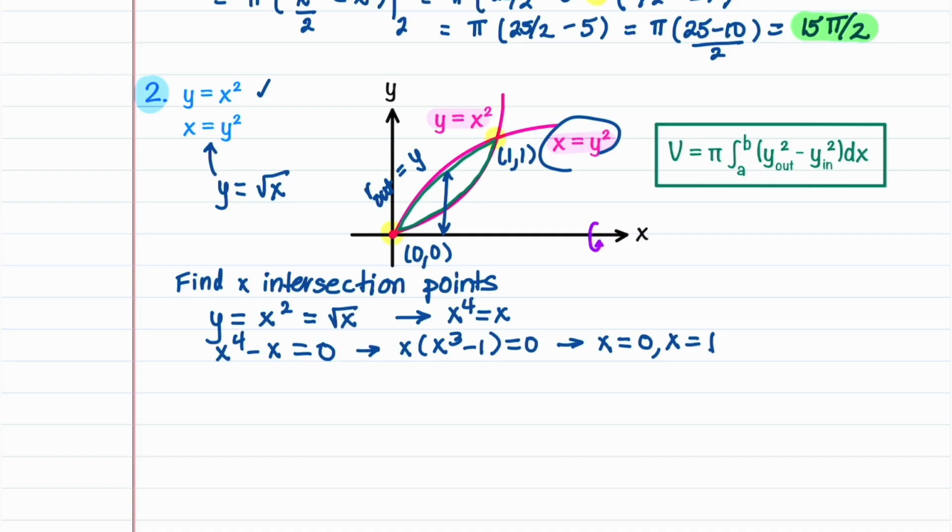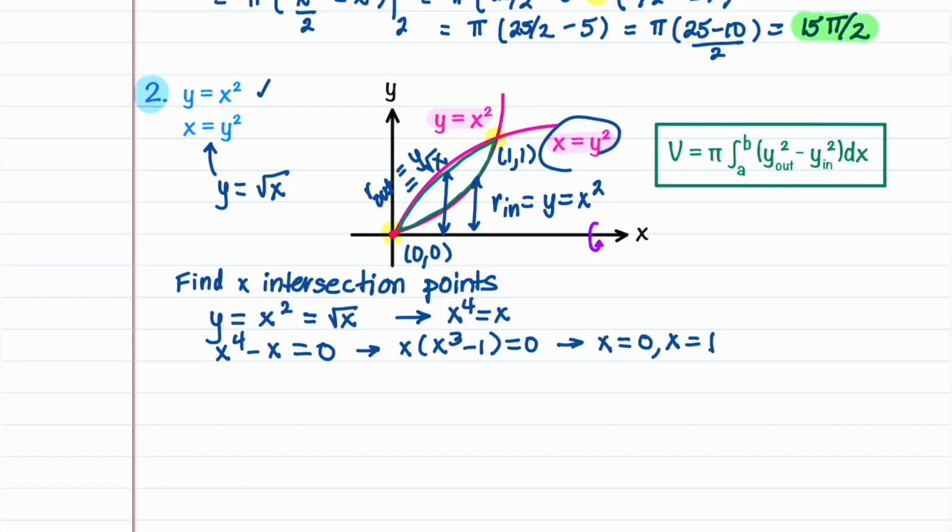So y is equal to the square root of x. And then this is our inner radius, and it touches our bottom curve. So that height is equal to y, which is x squared.